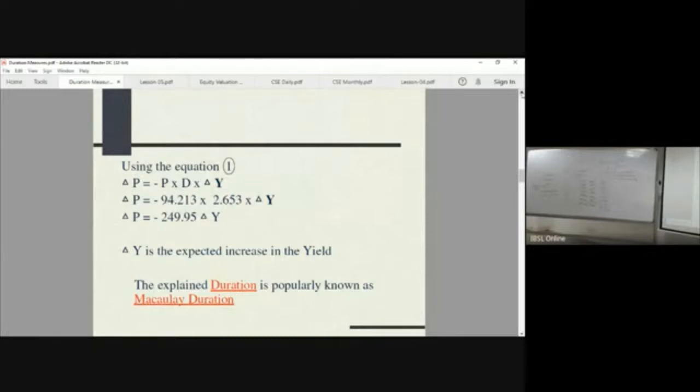Because our assumption is that the interest rate difference is a very small one. For that only, this will become a straight line, and then our assumptions hold true.